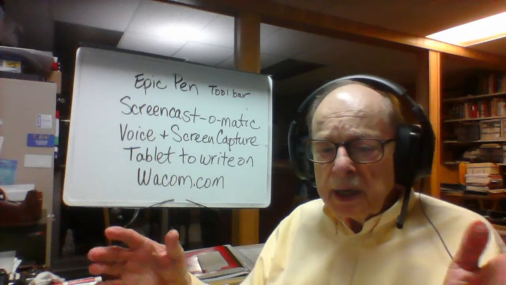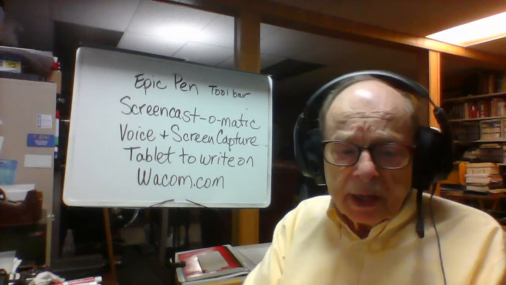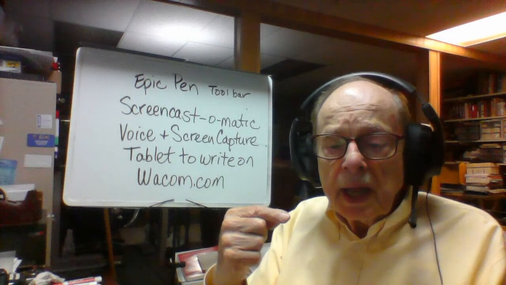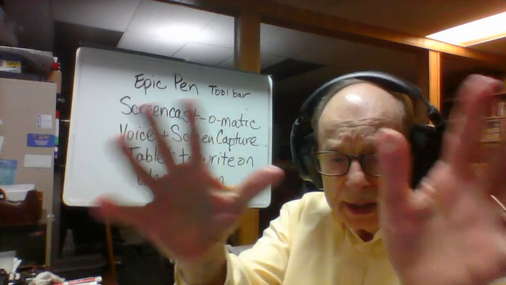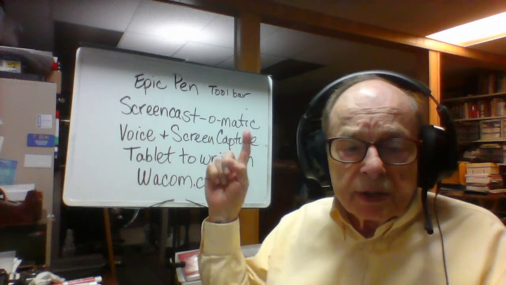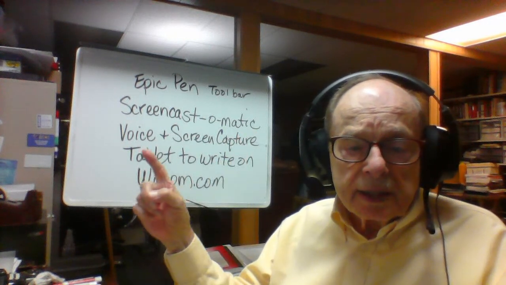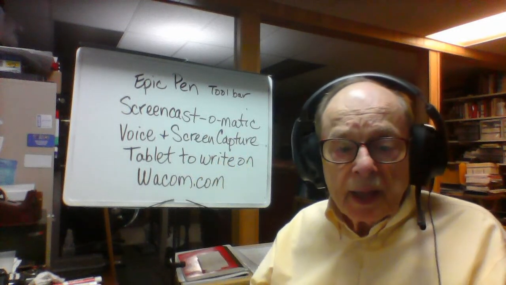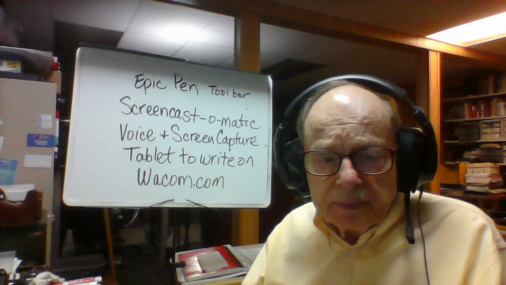And then finally, a program, which is what I'm using right now, to capture the voice and the image that's on the screen. That program is called Screencast-O-Matic.com. And I'll show you all of this too.